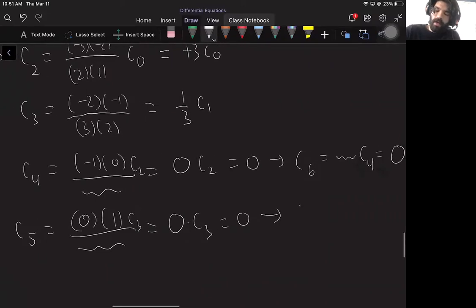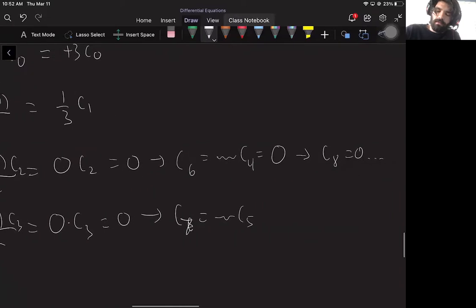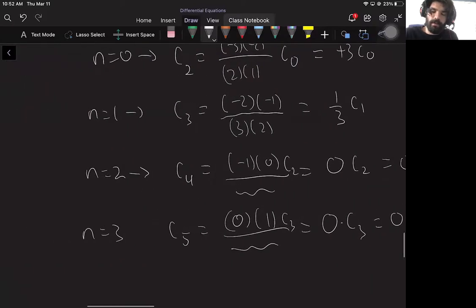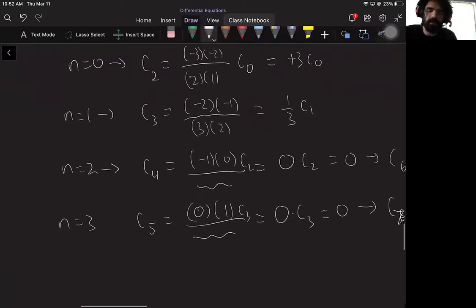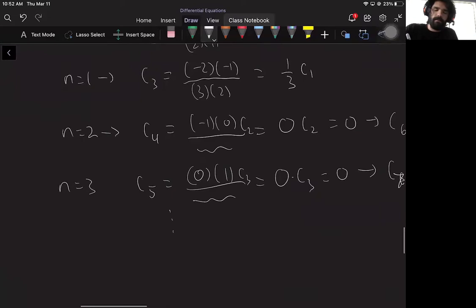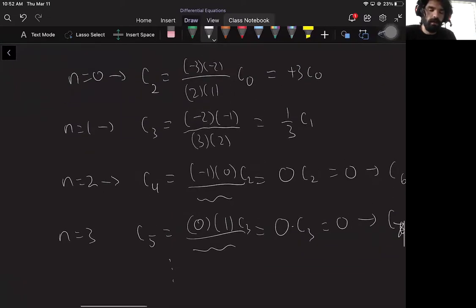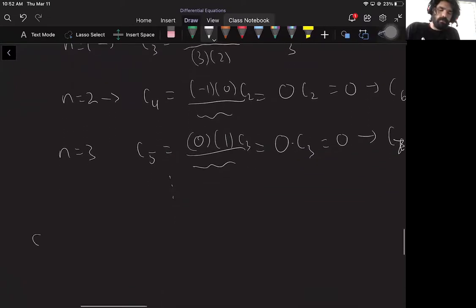But then C5 tells you C7, so C7 is 0 times something, which is 0. And so the rest of the odd ones will be 0 too. So now we don't have an infinite series anymore because the rest of them just become 0. So what do we have left?